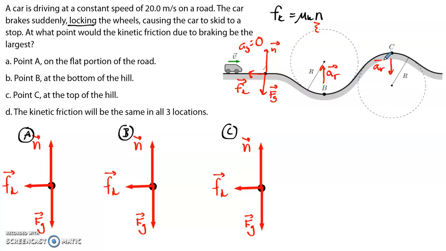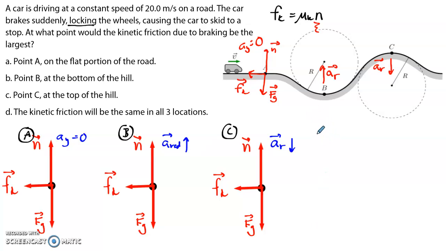The centripetal acceleration will now be pointing down. So at point A, the acceleration on the y-axis is 0, while the acceleration on the y-axis at B will be pointing upward, and at C will be pointing downward.